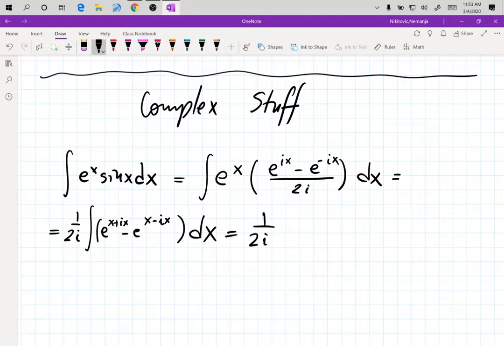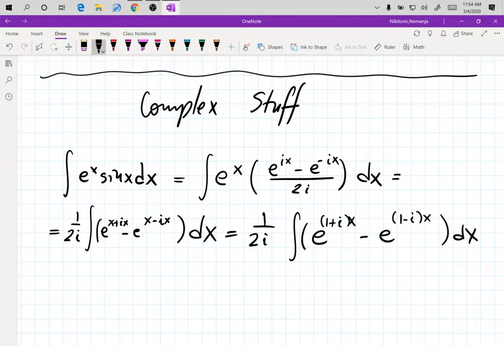1 over 2i, you can rationalize that, multiply by i top and bottom, who cares. The integral of, and now you factor out x, you get e to the (1 plus i) times x minus e to the (1 minus i) times x dx.